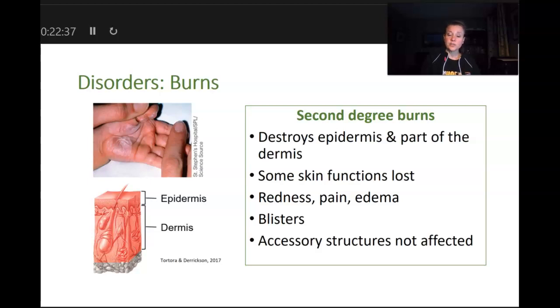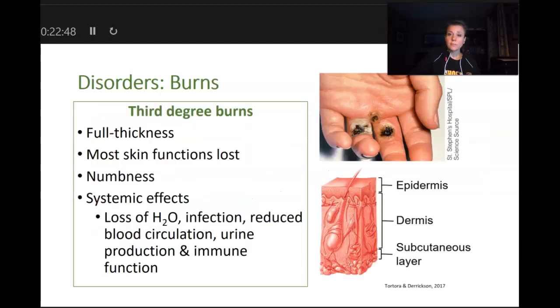The accessory structures, the sweat glands, the hairs, they are not affected by a second degree burn. They are affected, however, by a third degree burn. And if I were to take a guess here, this burn looks like an electrical burn to me.